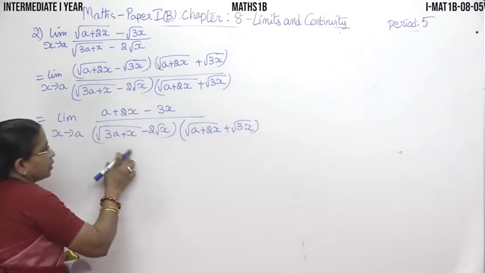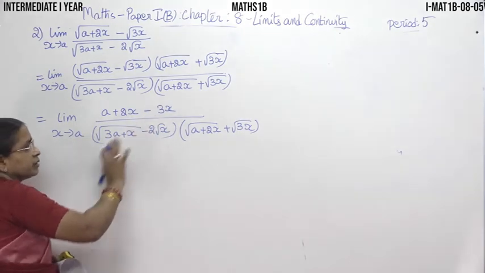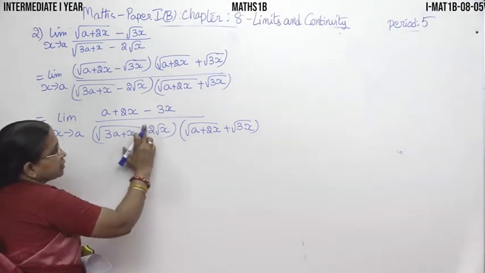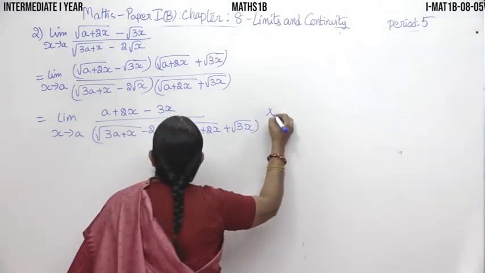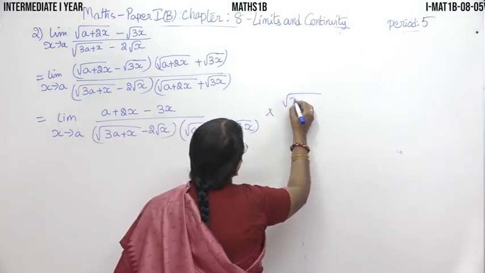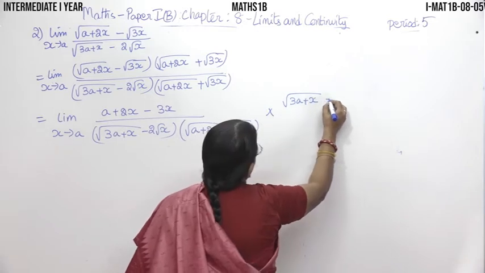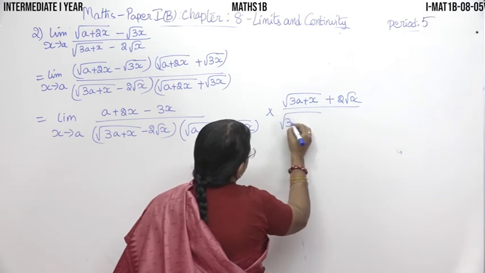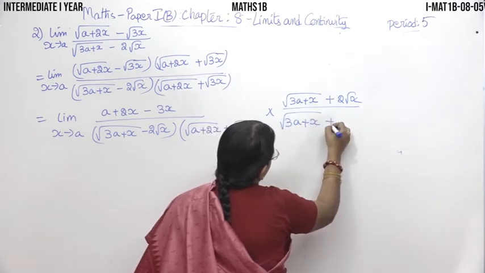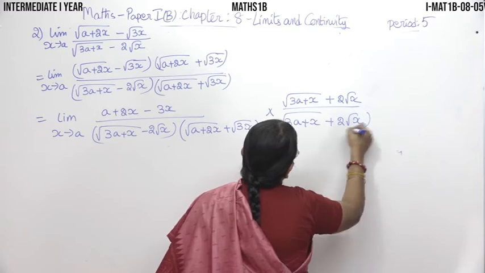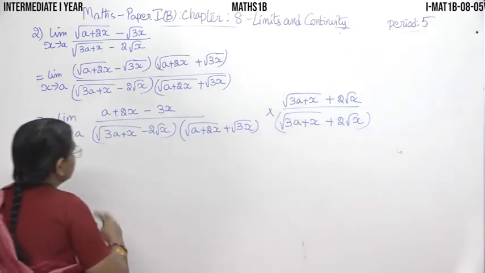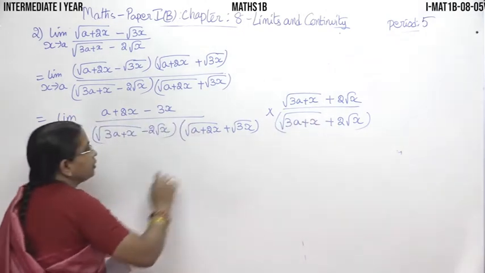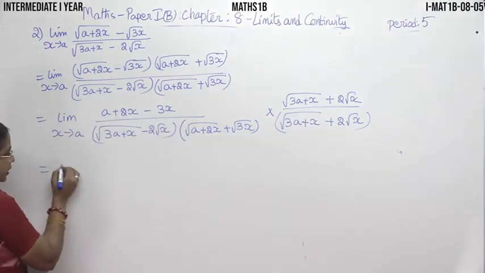Now see, when you put x as a, this becomes 0 by 0 form only. Now again rationalize this. What is the rationalizing factor? Plus. So I will write here only into root of (3a plus x) plus 2 root x by root of (3a plus x) plus 2 root x. If you take these two numbers, this is in the form (a minus b) into (a plus b), a square minus b square.